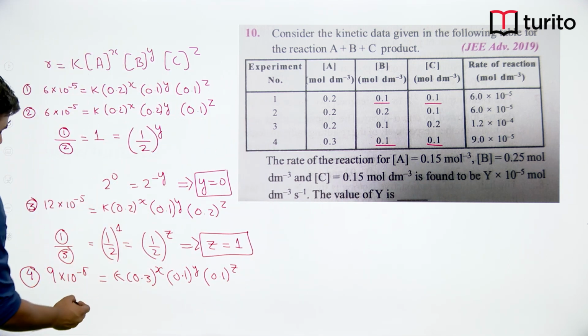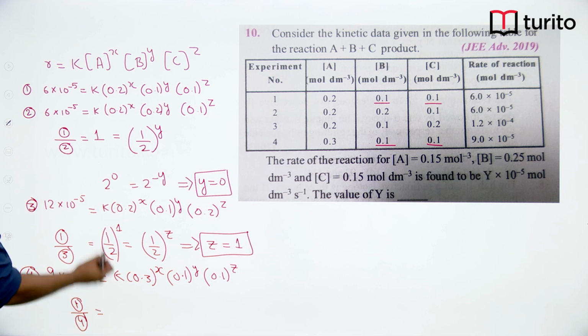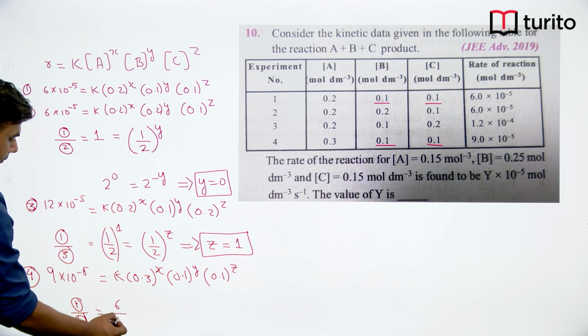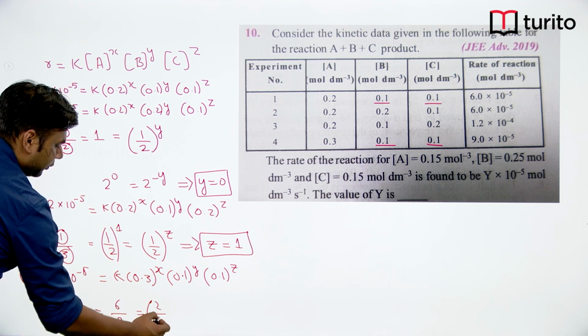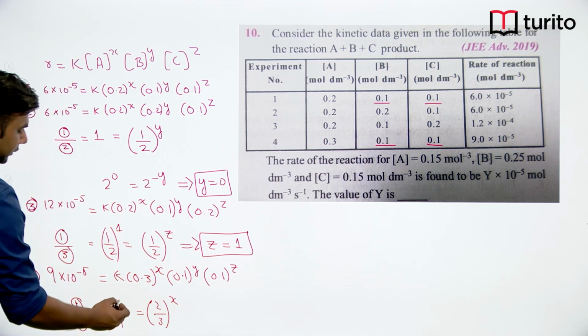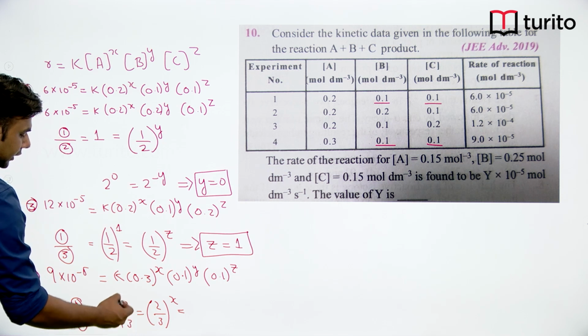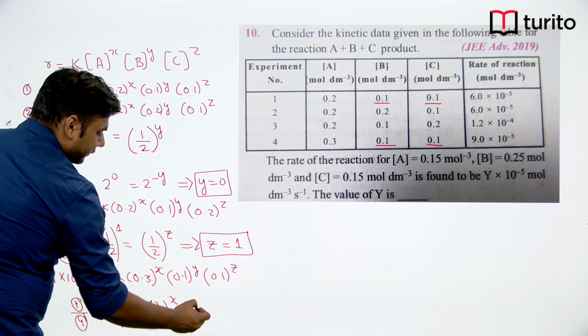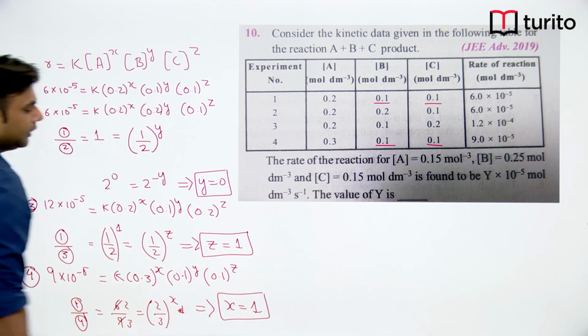So basically if you divide 1 and 4, we are going to get 6 by 9. This is equal to 2 by 3 raised to power X. 6 by 9 is 2 by 3 only. So this is basically 2 by 3 raised to power 1. So X will be 1. So we quickly got the rate law.